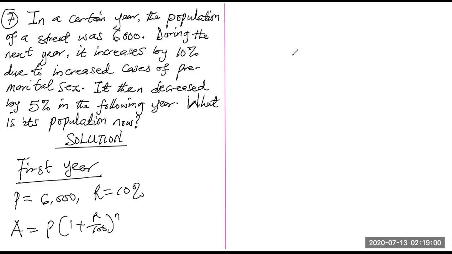When n is 1, even the simple interest formula can work. So we have A equals 6,000 into 1 plus 10 over 100 raised to the power 1, because it's just for 1 year. When we use our calculating device to process this, the amount after 1 year is equal to 6,600 people.